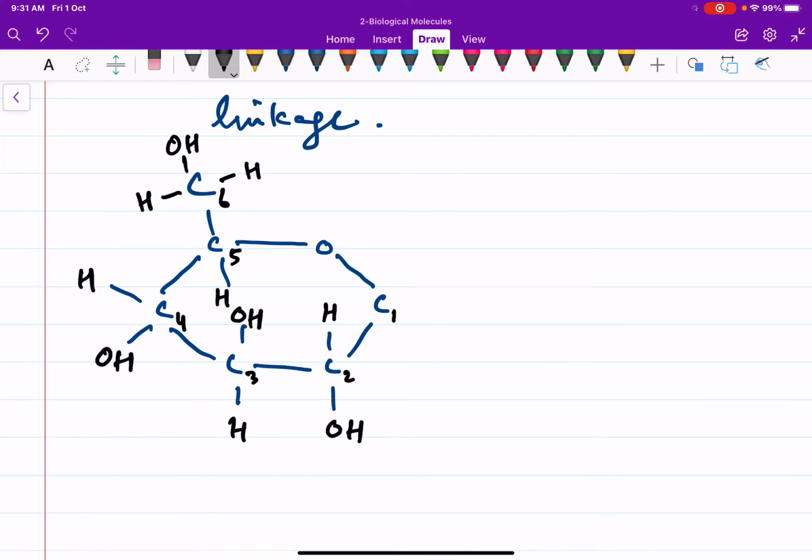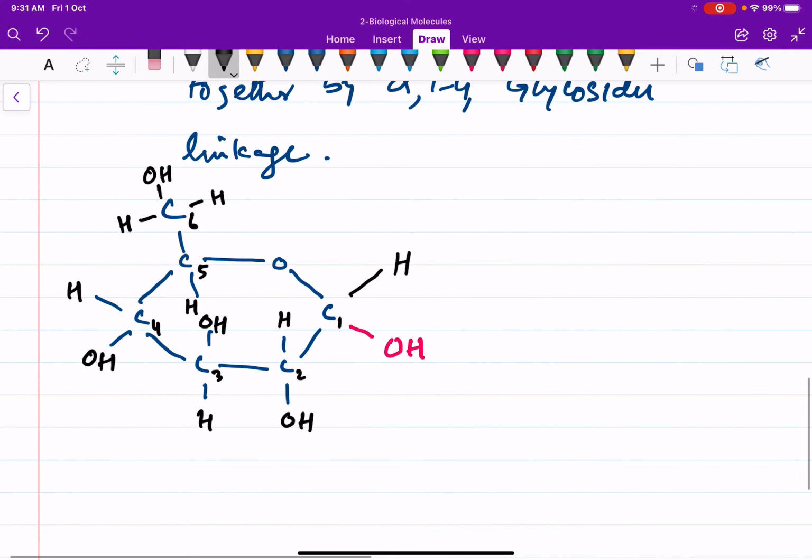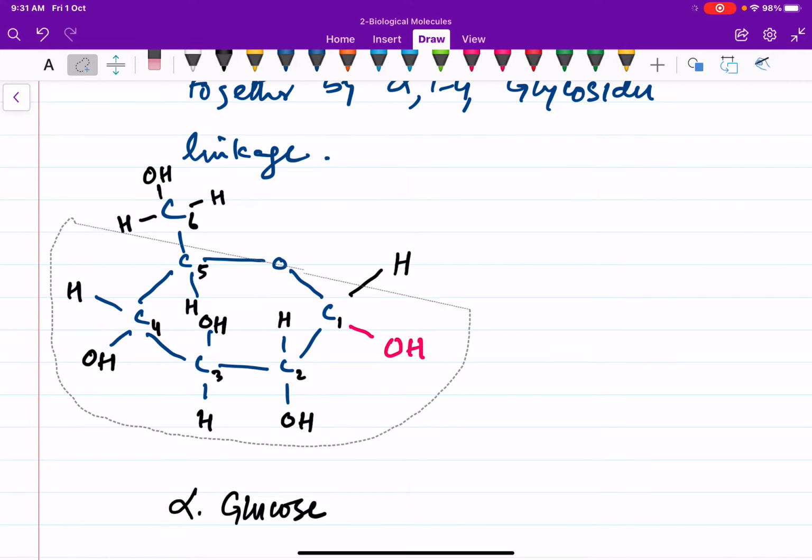What about carbon number 1 in an alpha glucose? Yes, in an alpha glucose, the OH group is below the plane of the ring and H is above the plane of the ring. So this is an alpha glucose. Okay, we can make another alpha glucose. I'll just copy it.